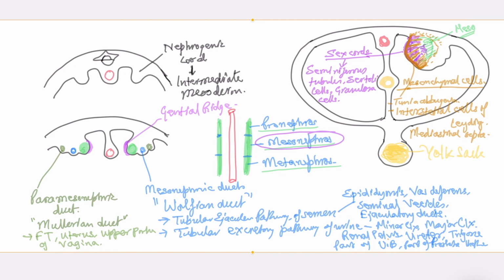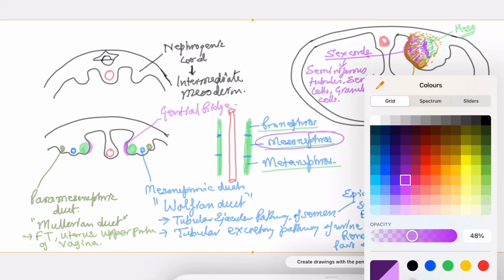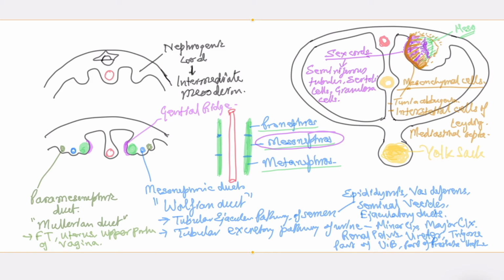So they form a plexus here, separated by this mediastinum formed by the mesenchymal cells. This meshwork of tubules forms the rete testis. So the seminiferous tubules, after crossing the mediastinum testis, reach the medial portion of the testis where they form a plexus, and that's called rete testis.